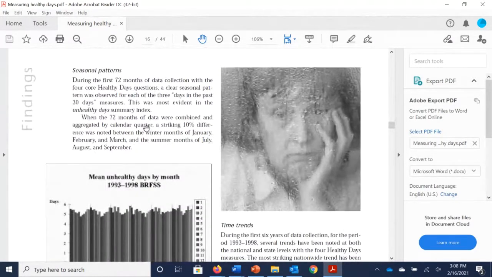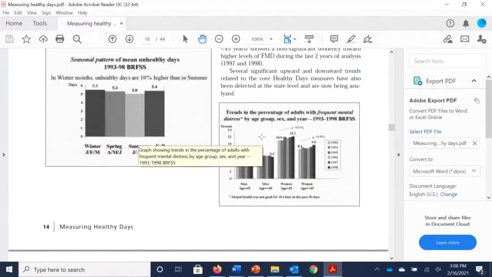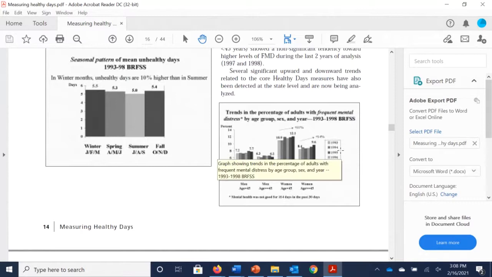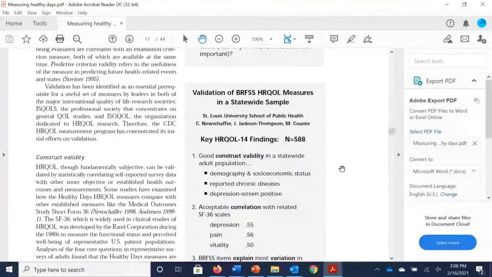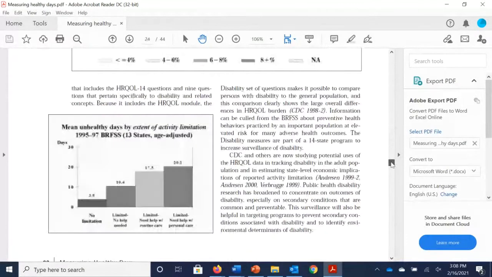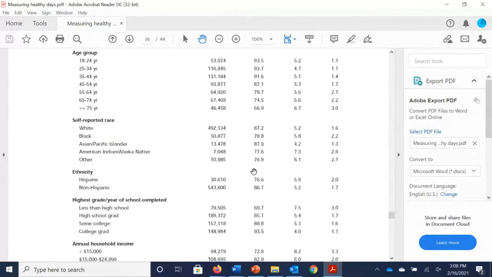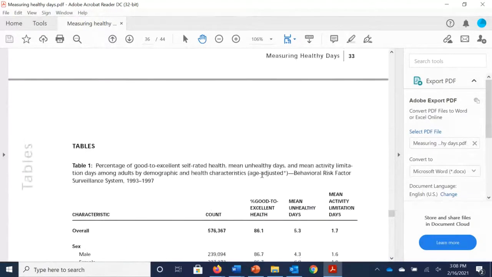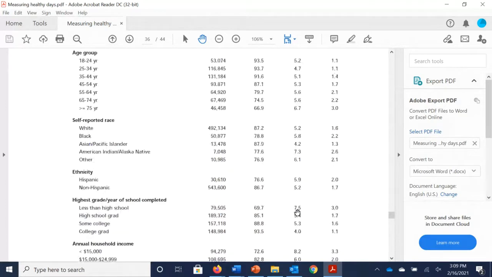Here are seasonal patterns, so healthy days by seasonal patterns. Trends in percentage of adults with frequent mental distress and healthy days. All right, so this is going to give you a couple of different healthy days measurements along with other variables, so make sure you find some that you are interested in. This is just percentage of good to excellent self-rated healthy days by demographic and health characteristics.